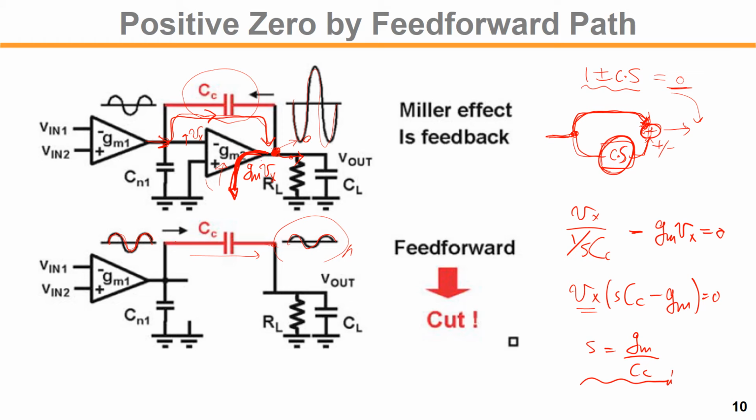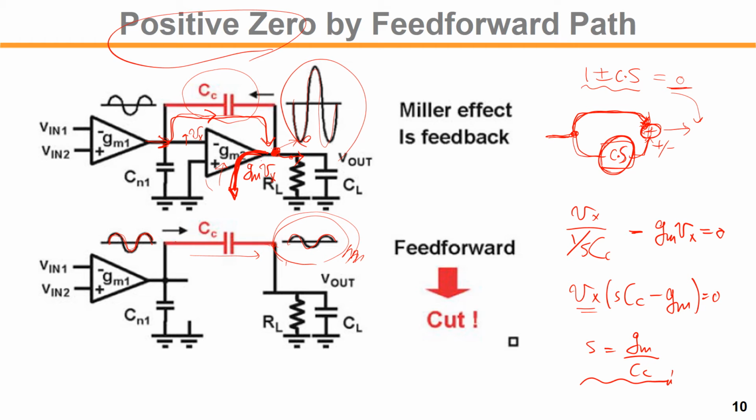So you can imagine that through amplifier operation, the phase is inverted, but the feed forward path has the same phase. So those opposite phase additions result in a subtractive addition, right? So that gives us the positive zero.